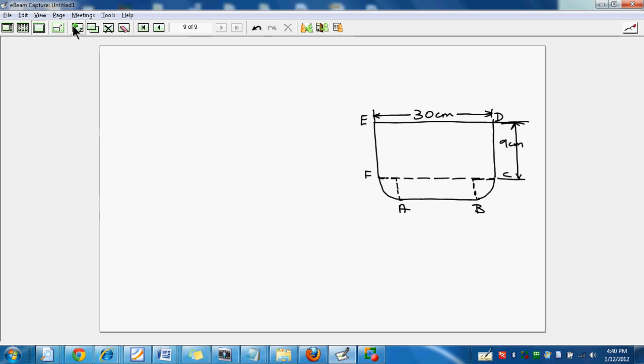Full stop. BC and AF are arcs of a circle of radius 7 centimeters, and AB is parallel to ED.